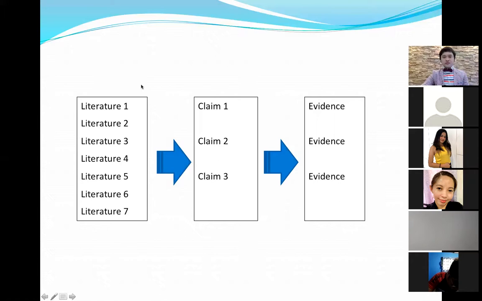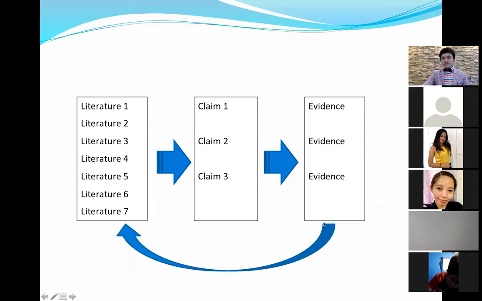All right. And you will notice that when you say something, it must be evidence-based. And how would you know that your evidence is correct or not? No? You will know that your evidences are correct or not if the evidences are coming from the literature.